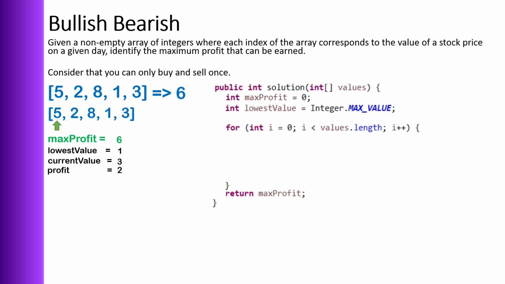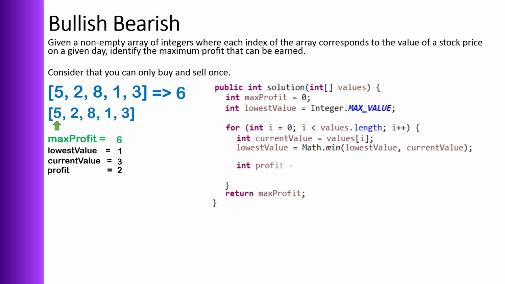Okay, now we will be iterating through the array only once, so we will only have one for loop. And then we will assign the value at the index i to current value. So this is the one we will compare to the lowest value, if you remember earlier. And then lowest value, as mentioned earlier, we will also be checking which one is lower and then assign it to lowest value.